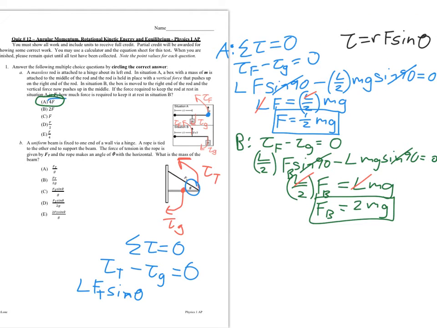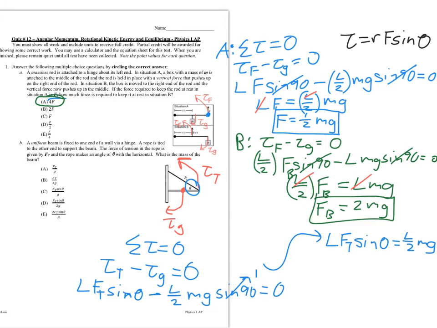So that's the one torque minus the torque from gravity, which acts in the middle, so L over 2 times mg times sine of 90 equals 0. All right, I'm going to bring that over here, and this sine 90 goes away because it's just 1. So I can say L times F_t sine of theta, now that theta is not 90, equals L over 2 times mg.